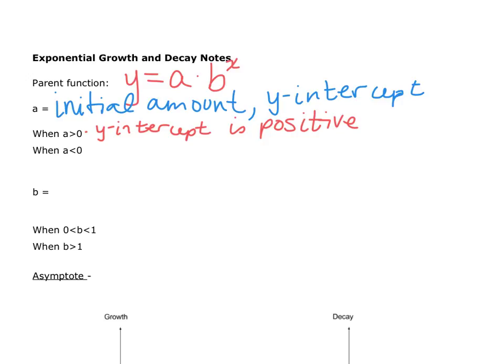When a is smaller than 0, our y-intercept is negative. We are going to more often see when that y-intercept is positive. Sometimes we'll see it negative, but most of the time it's going to be positive, especially this week.